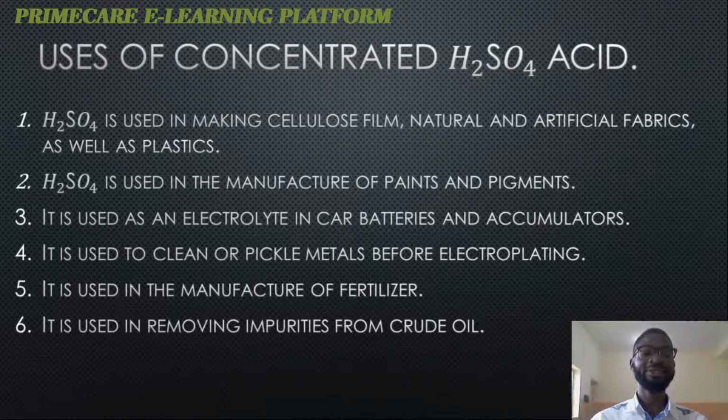It is used as an electrolyte in car batteries and accumulators. It is also used to clean or pickle metals before electroplating. Number five, it is used in the manufacture of fertilizer. Number six, it is used in removing impurities from crude oil.